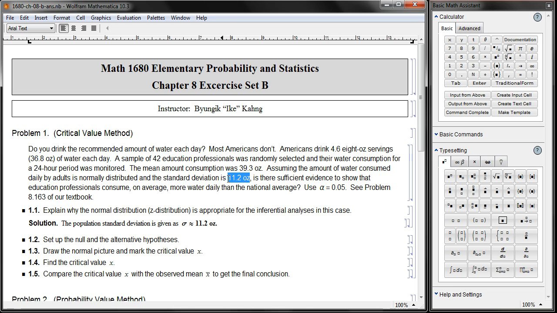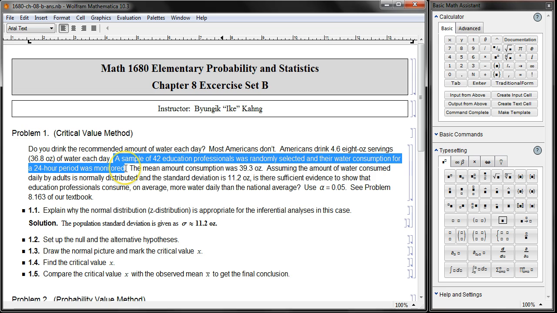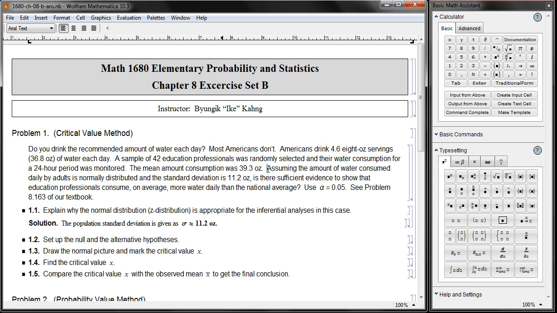Why? 11.2 did not come in the same sentence as 42 education professionals. If it came here, then it would be sample standard deviation. But it came with this part, assuming the amount of water consumed daily by adults is normally distributed, and this one is not about education professionals, just American adults.